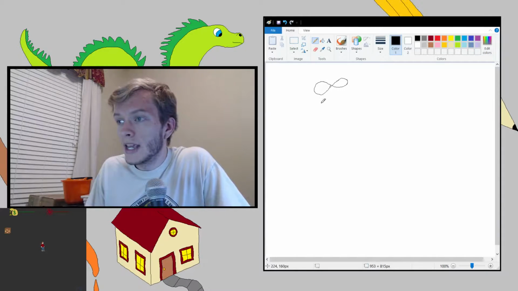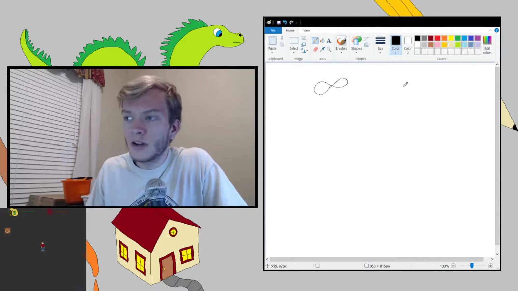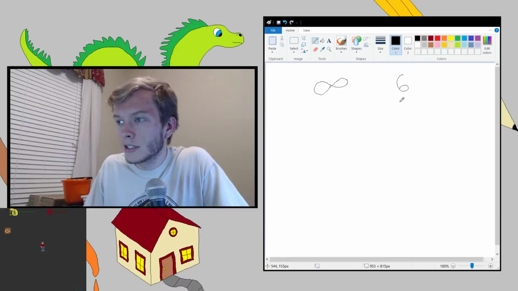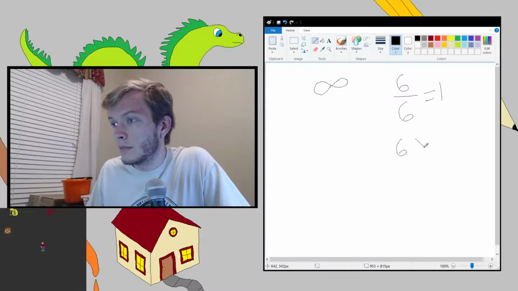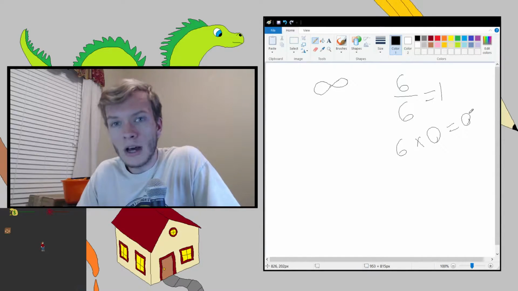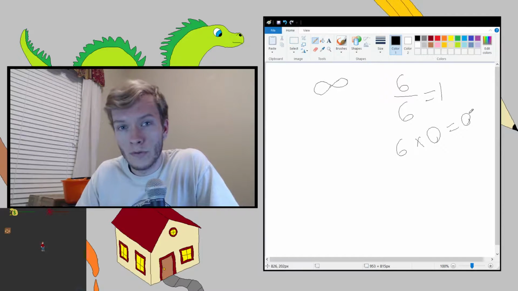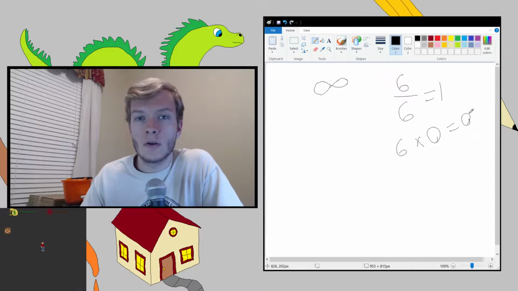In a normal situation, say we had the number 6. If we divided it by itself, we would get 1. And if we took 6 and multiplied it by 0, we would get 0. But simple operations like this don't really work for infinity because there's information we don't have.